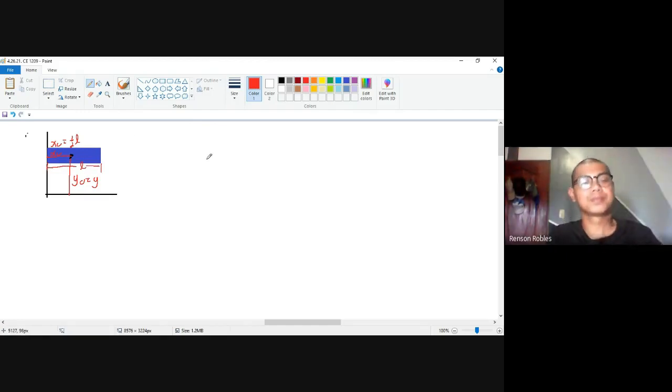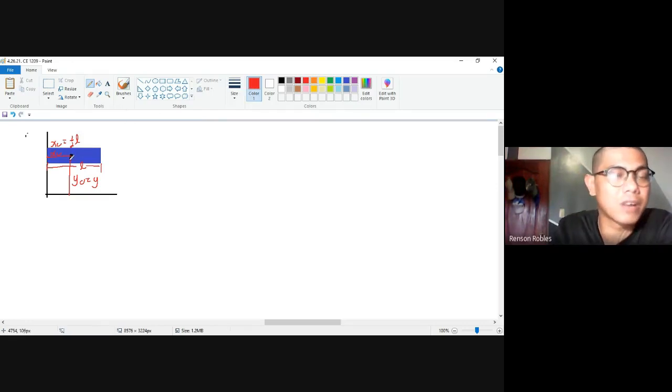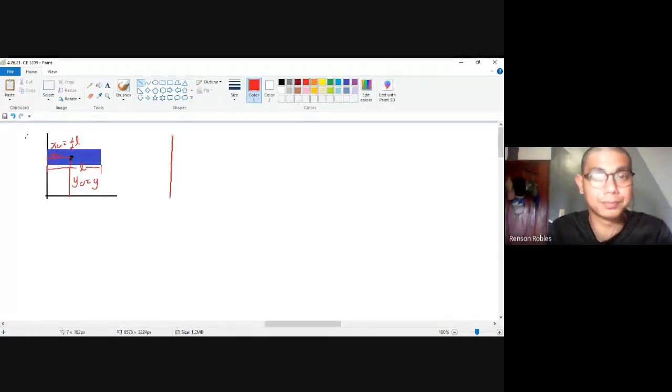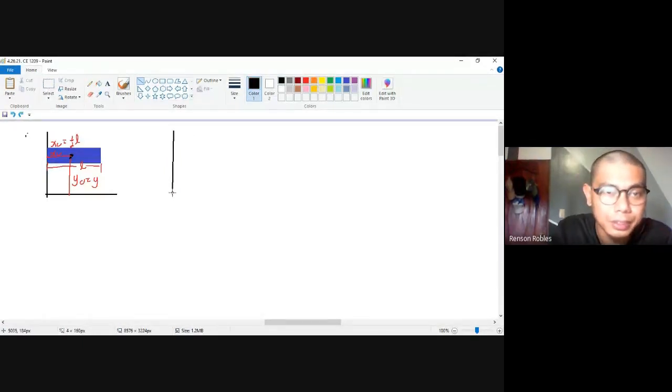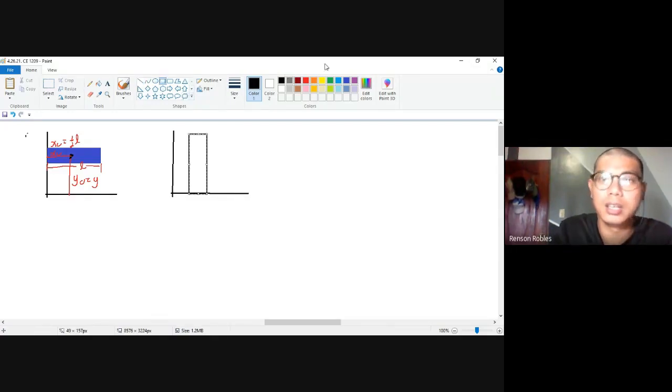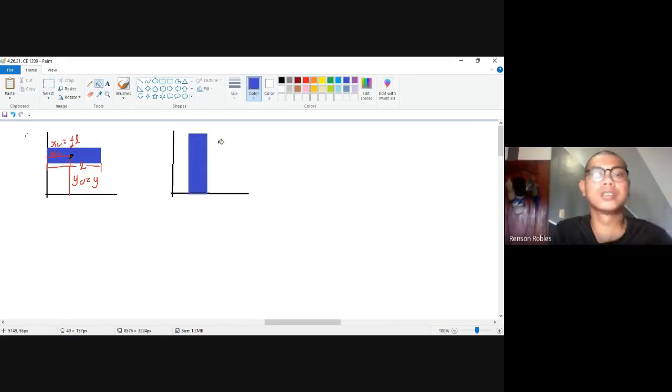And then, what if it is standing? Note this down in your notebook. If it is standing and touching the x-axis, we draw our region, then draw again the centroid.